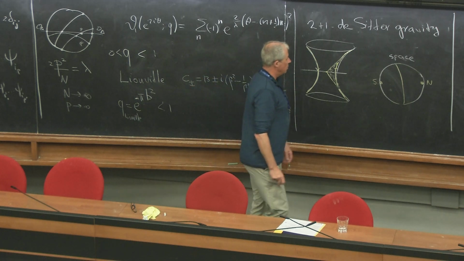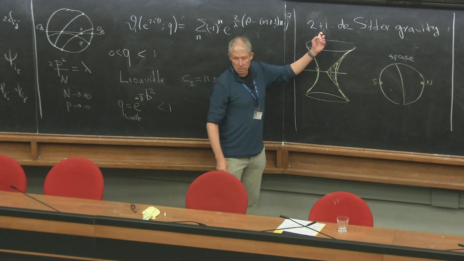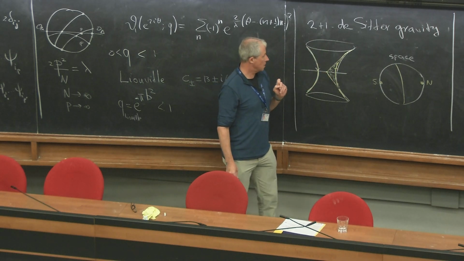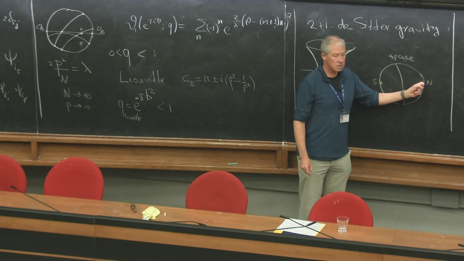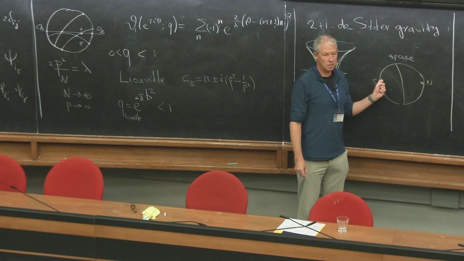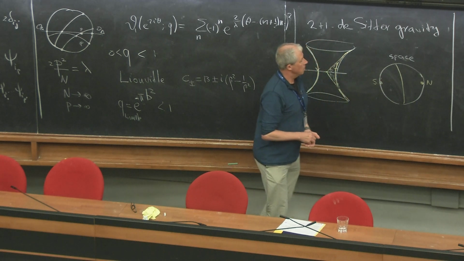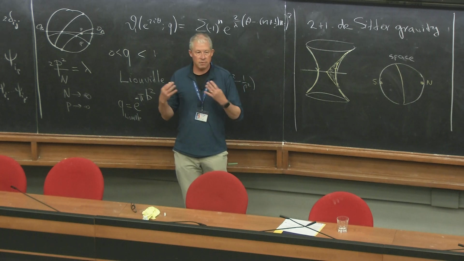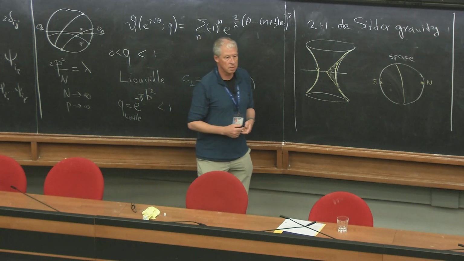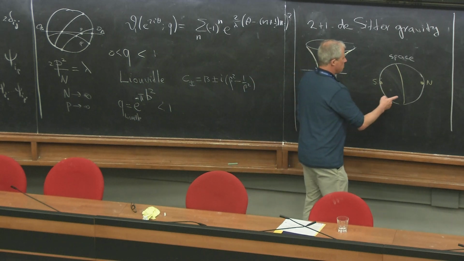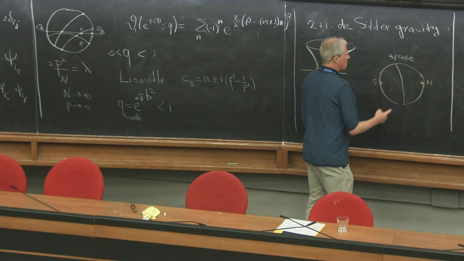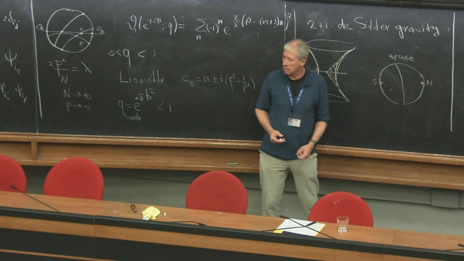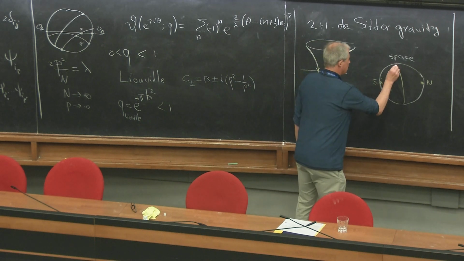Now, we already talked about the Schwarzschild de Sitter spacetime, and it has a conical deficit that sits at the North Pole and the South Pole. So there's one observable that I can very naturally introduce. And that observable is basically what I would call the gravitational Wilson line that goes around the equator.